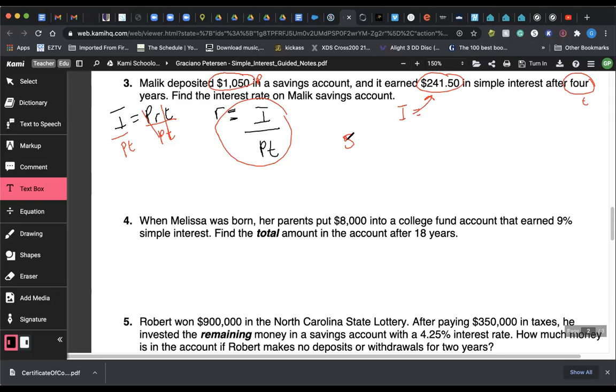We're gonna have 241.50 divided by 1,050 times 4, which is 4,200, right? Yeah. So that becomes 241.50 divided by 4,200.